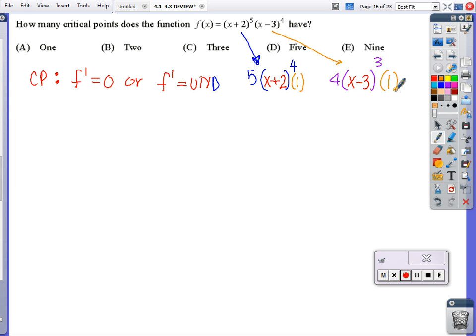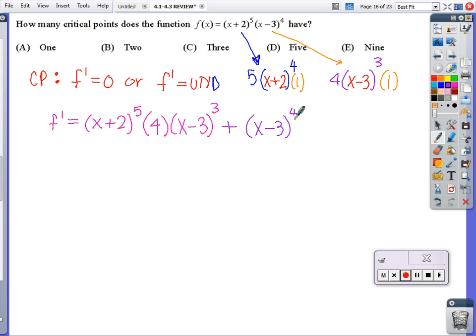So there are the derivative pieces that I'm going to use. Now I'm going to leave the first term alone, multiply by the derivative of the second. I'm not going to write the times 1, plus leave the second term alone, multiply by the derivative of the first term.